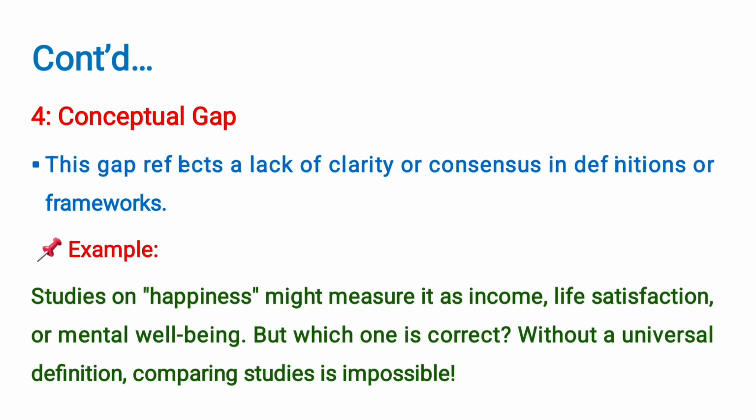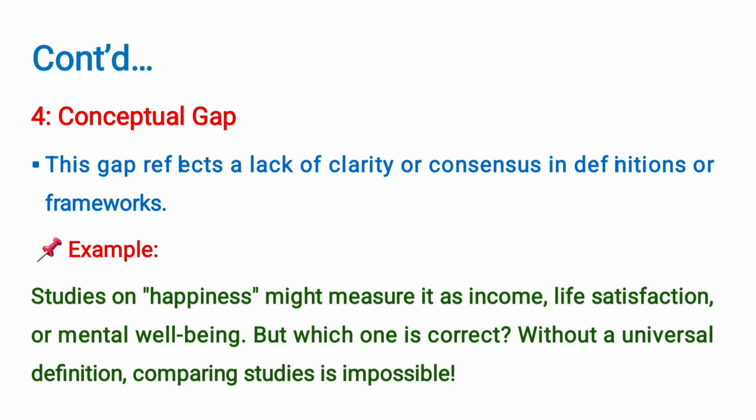Okay, guys? But what if the problem is not the data, but the way we define concepts? So that brings us to the fourth research gap, which is the conceptual gap. You ever notice how different studies define the same term in completely different ways? That is a conceptual gap. Lack of clear, agreed upon definitions.